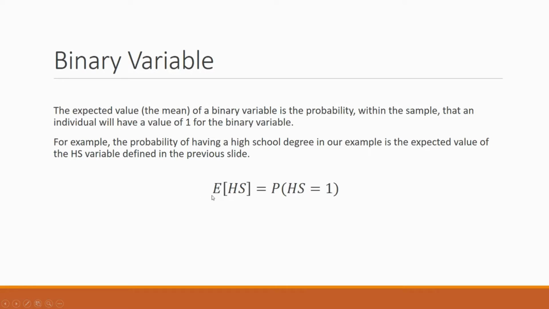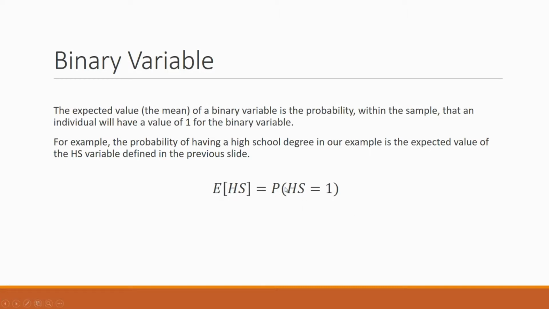So the expected value, the average, the mean of the high school degree variable equals the probability of the high school degree variable equaling 1. All right, so the expected value is equal to the probability. The expected value of the high school degree variable is the probability that an individual in our sample will have a high school degree.